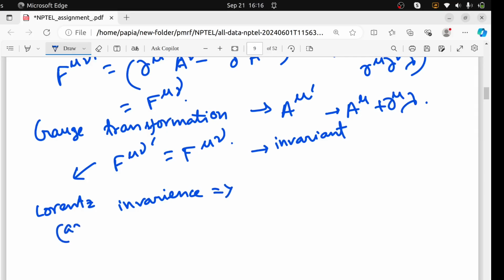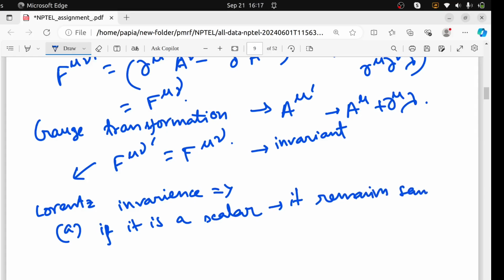what is there? Obviously if it is a scalar, then it remains the same under Lorentz transformation.